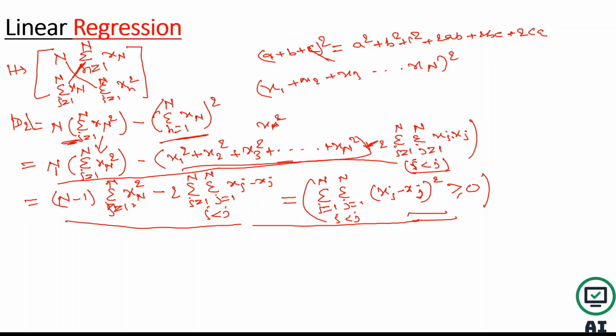You see (xi minus xj) square will always be greater than or equal to 0, because whatever comes inside will be squared. So we have proved that the first principal minor and the second principal minor are both greater than or equal to 0, that means non-negative.